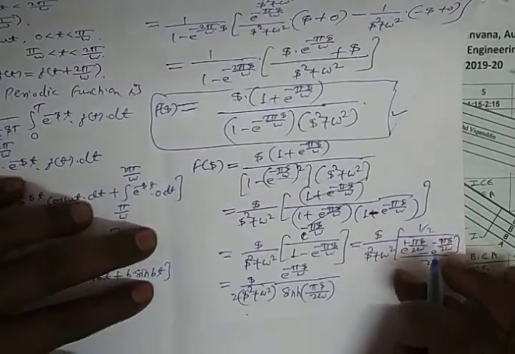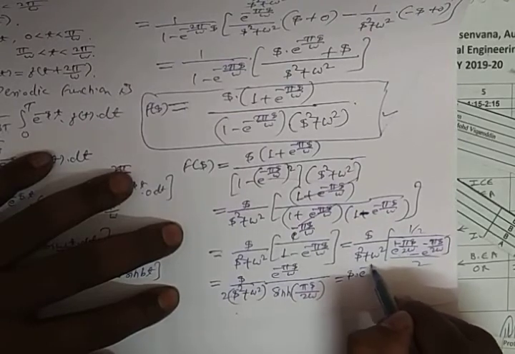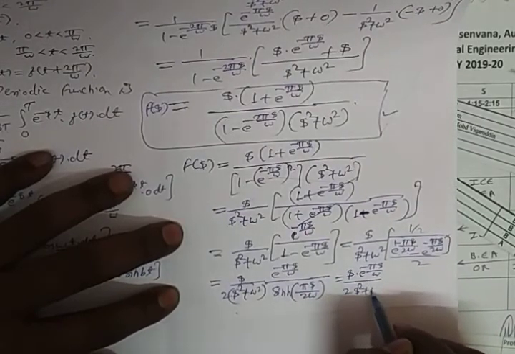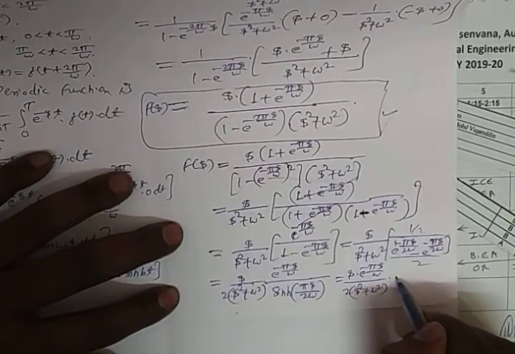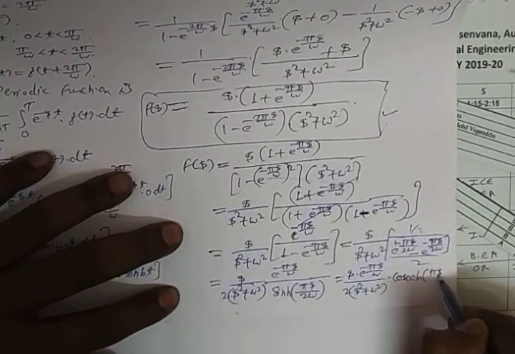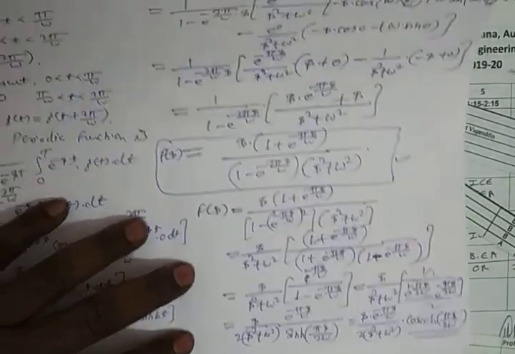Okay, so in this way we can solve these examples. Again, this can be written as e raised to minus pi s by omega upon 2 s square plus omega square into 1 upon sin is cosec hyperbolic pi s by 2 omega. Okay, so this is the final answer.